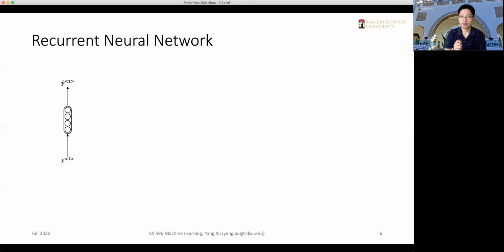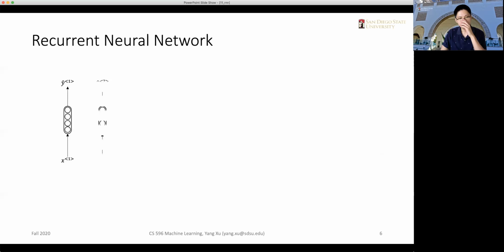And by same operation, I mean the parameters at each time step are shared. The W's, the B's, the weight matrix and the biases computed for the first time step remain the same parameters, and they will be used for the computation of the next time step and the next time step until we reach the end of the sequence.